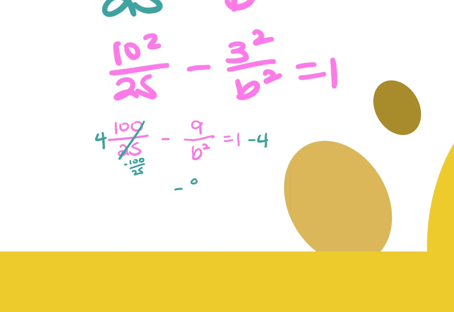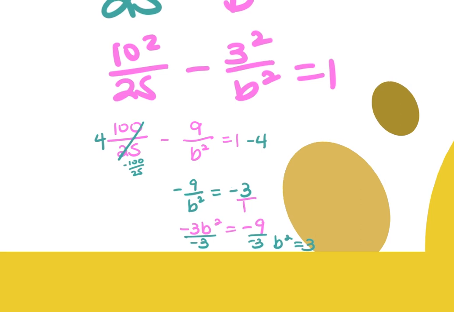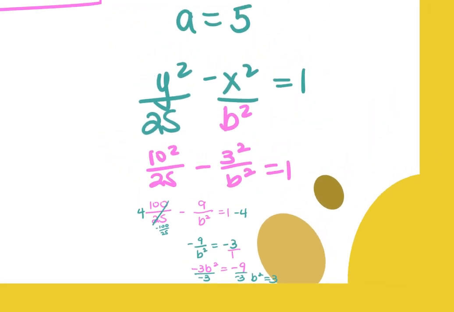And I get negative 9 over b squared equals negative 3. 3 over 1, we can cross multiply here, negative 3 b squared would equal negative 9. Divide both sides by negative 3, and b squared is 3. So I go back to my original equation where I was missing the b squared, and I plug in the 3.